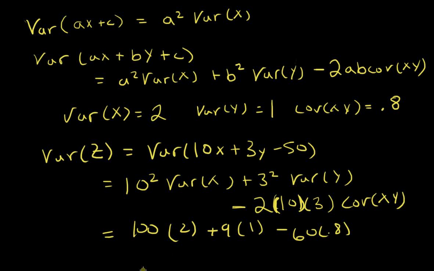So I have 200 plus 9 plus 60 times 0.8, and I get 161. Your variance of your linear combination better be positive. If it's not positive, then you have a problem. All variances are always positive.